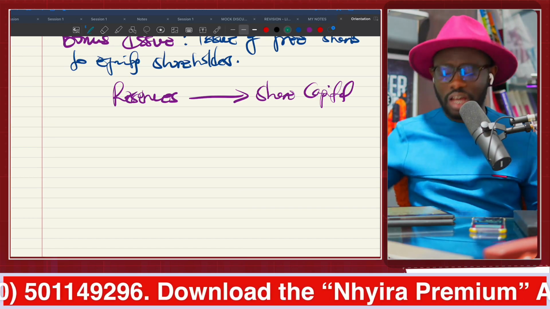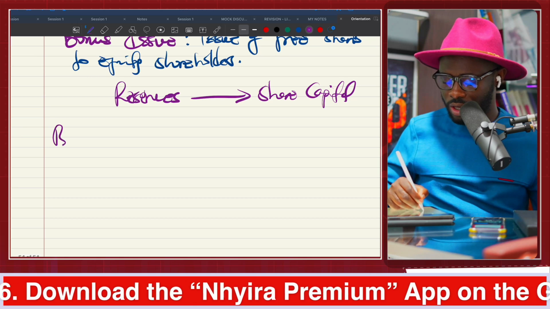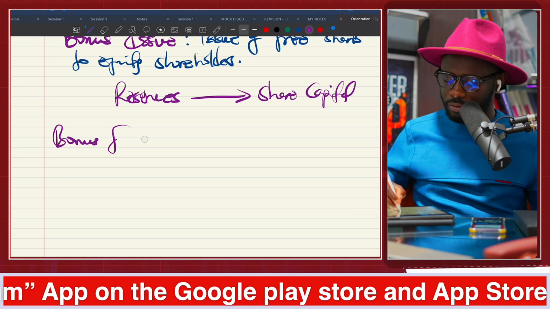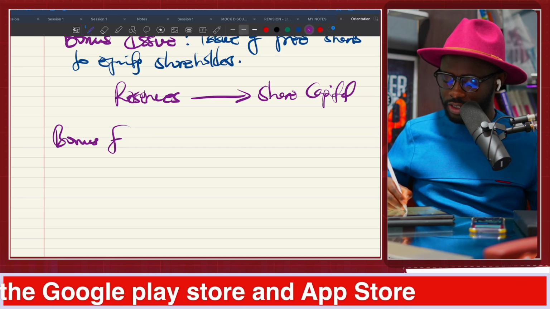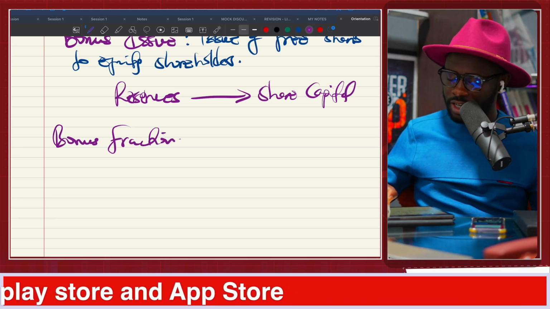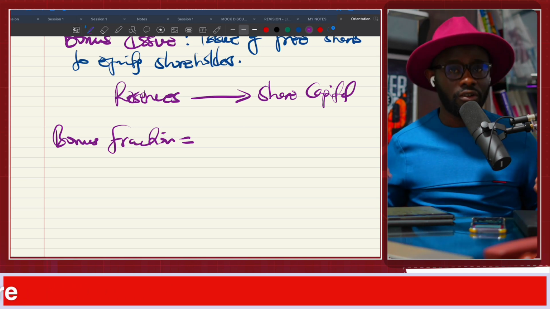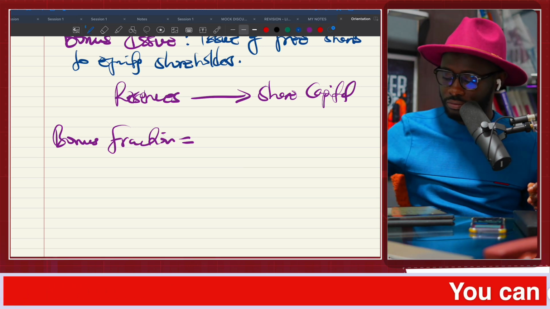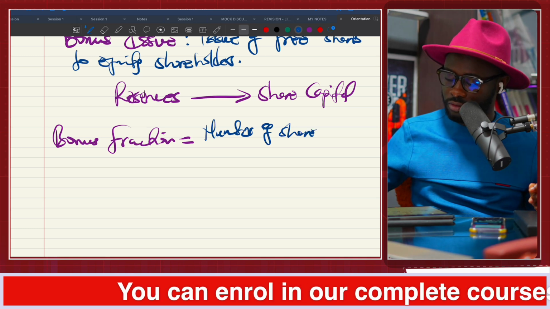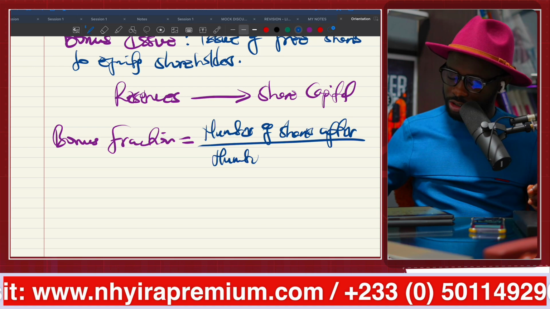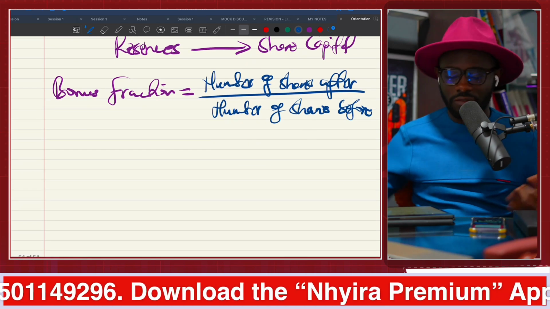So how do we calculate the bonus fraction when there is a bonus issue? The formula is pretty simple. It's the number of shares after the bonus issue divided by the number of shares before the issue. What does that mean? Let's give an example.